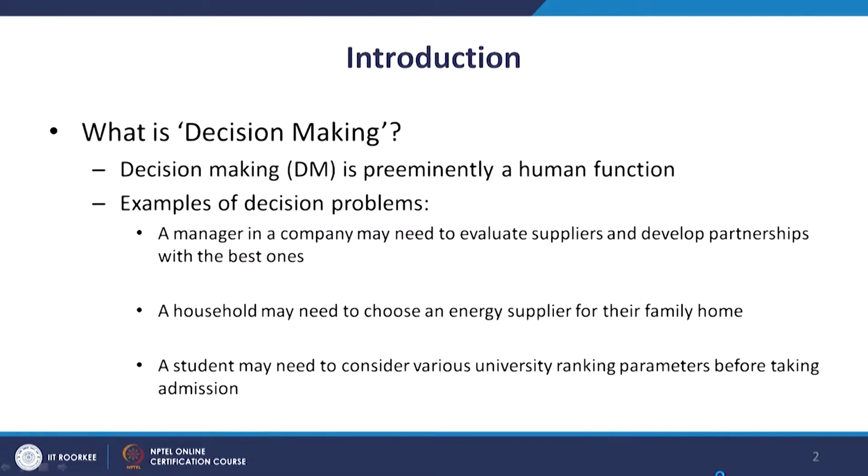Now, to understand more about decision making, let us have a look at some of the examples presented here in the slide. Some examples of decision problems: a manager in a company may need to evaluate suppliers and develop partnership with the best ones. This is an example of one typical decision that a manager has to make.